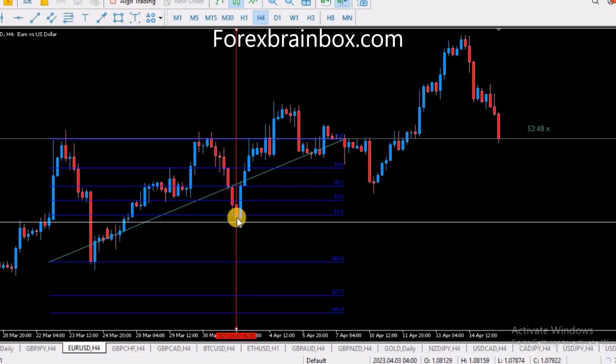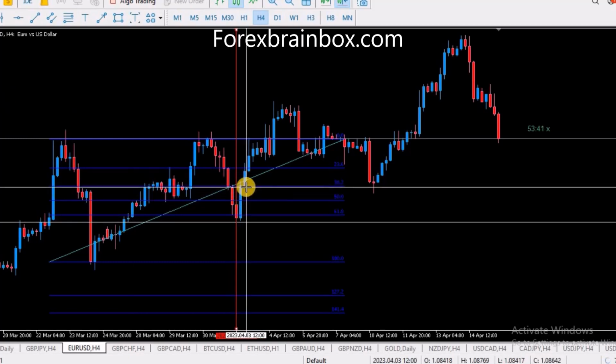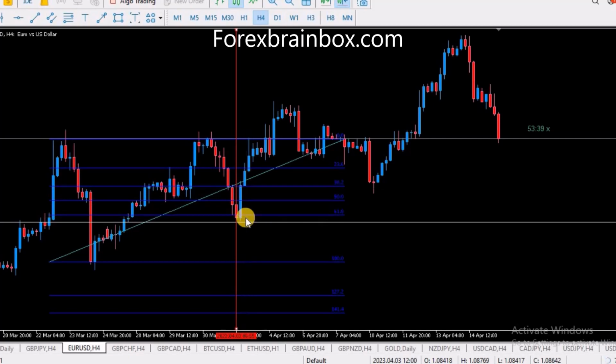I wouldn't advise that you wait for an engulfing candle before you place a buy, because at this point the market would have rallied for too long already. So you want to look out for lower time frames where you can take opportunities.